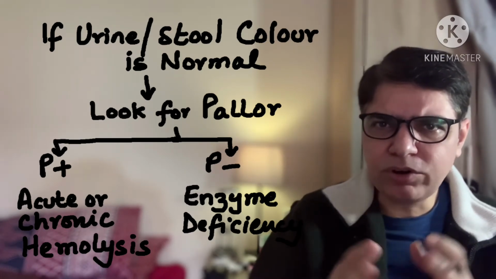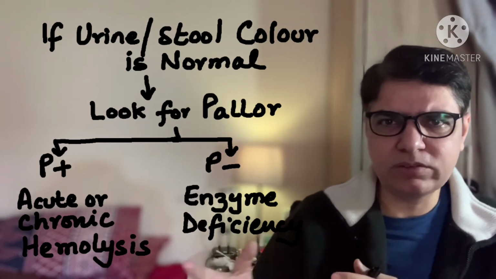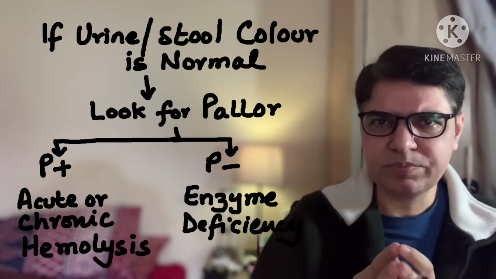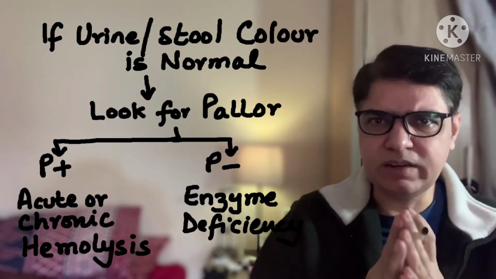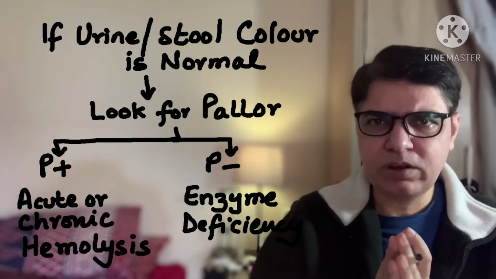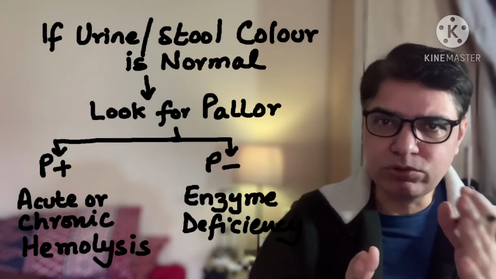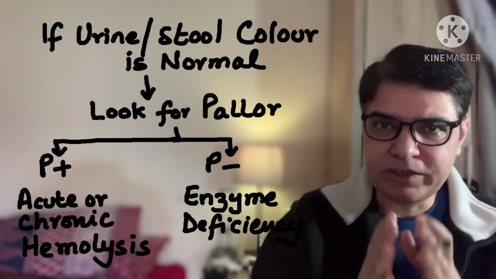And then on further examination, if that child has hepatosplenomegaly, then you can think of some of the causes of chronic hemolysis, like thalassemia, sickle cell, and so on and so forth. So remember, if there is pallor with normal stools and normal urine color, that is hemolytic jaundice.